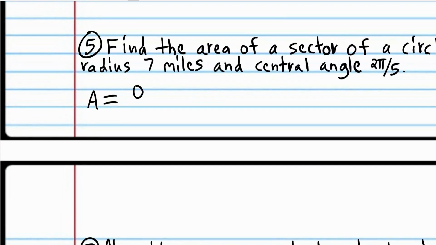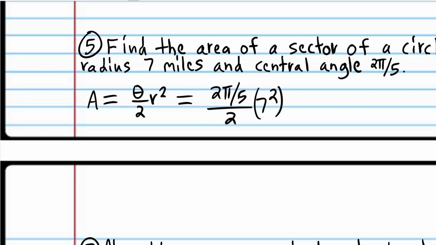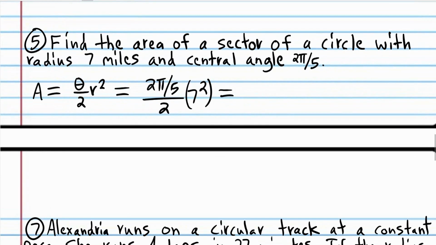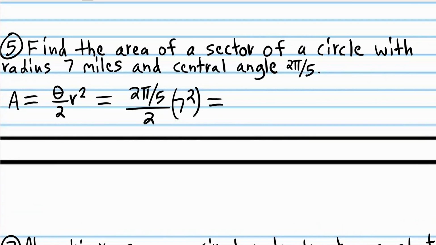And so that formula is going to be theta over 2 times the radius squared. Theta, we're told, is 2 pi over 5. And the radius, we're told, is 7 squared. This is a complex fraction. There's a lot of ways to simplify that, but by now you should have a pretty good idea how to do that. The easiest way is to multiply both sides of the fraction by 5.